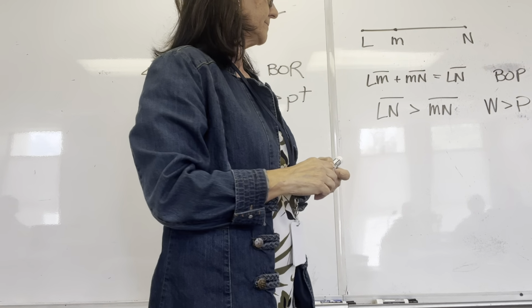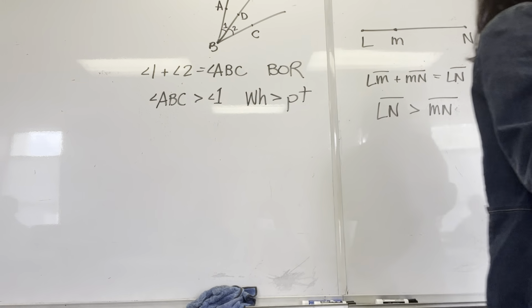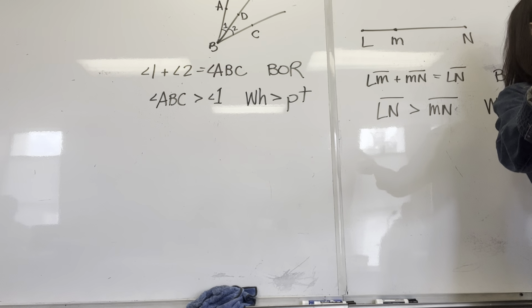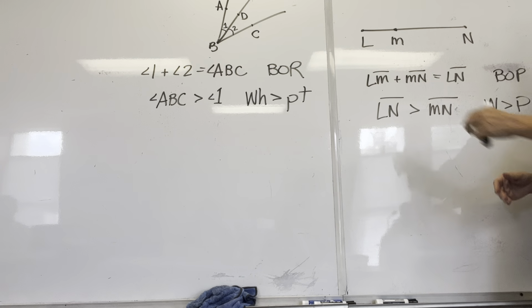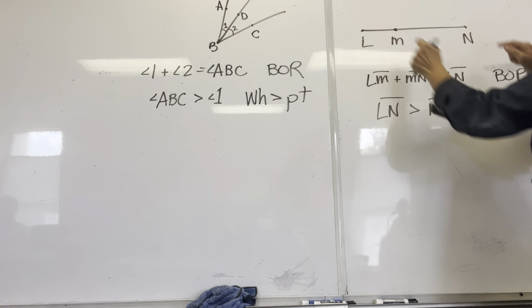Can you quickly explain the betweenness of rays and betweenness of points? Betweenness of points says I can add the individual segments and they equal the whole segment. So that plus this equals the whole.